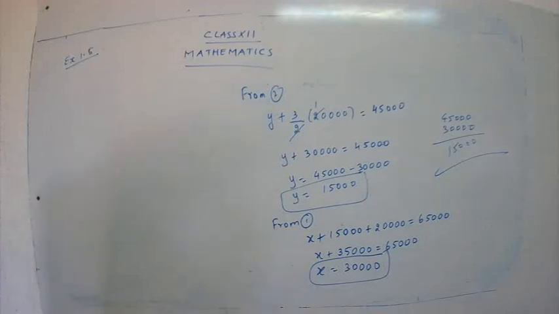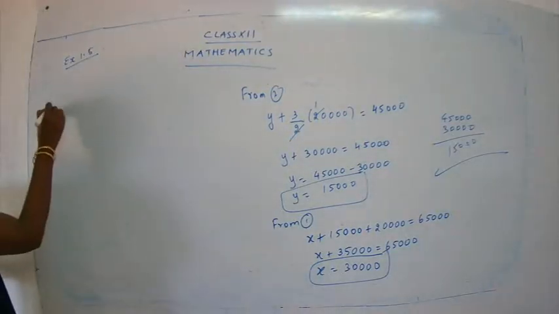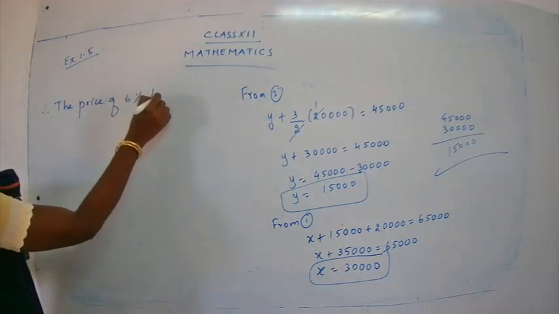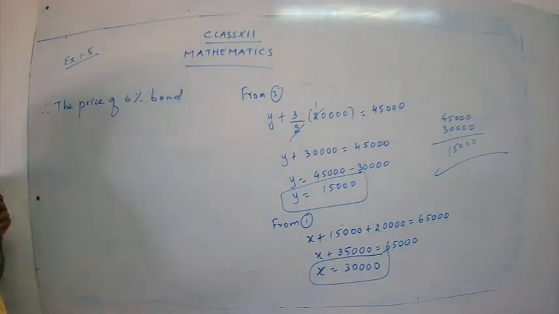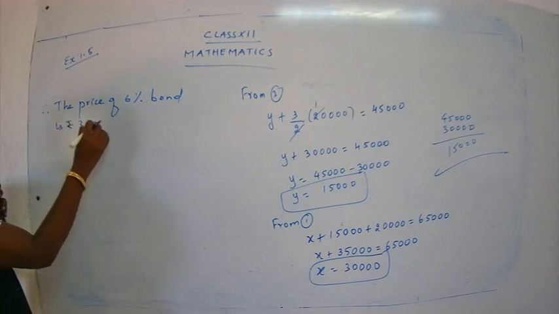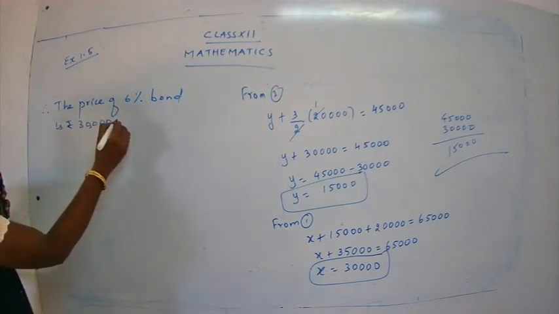Write down. Therefore, the price of 6% bond, that is x, children, the price of 6% bond is rupees 30,000.